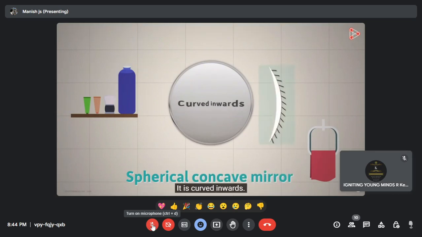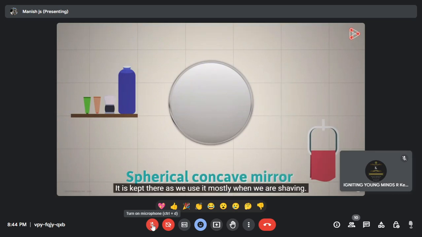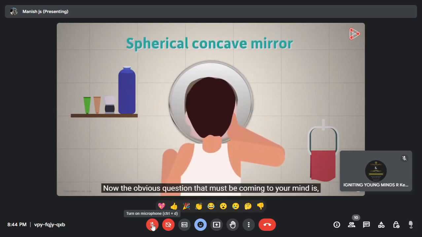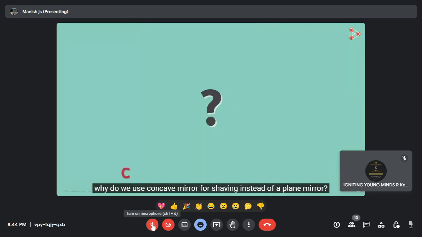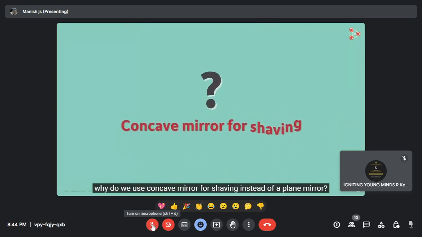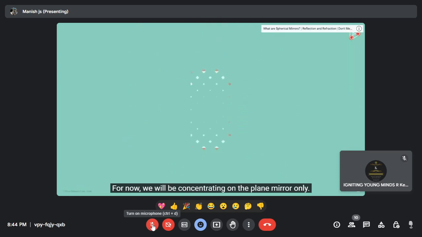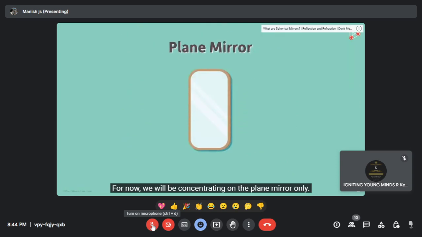It is curved inwards. It is kept there as we use it mostly when we are shaving. Now, the obvious question that must be coming to your mind is, why do we use a concave mirror for shaving instead of a plane mirror? For the answer to this question, you have to wait for our future videos. For now, we will be concentrating on the plane mirror only.